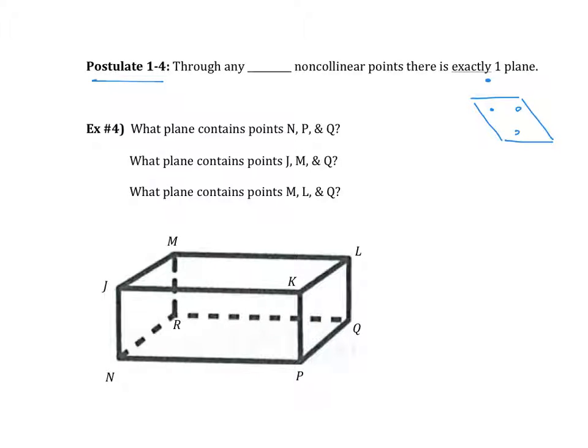So it's 3. Could it be 2? If I were to draw 2 points, is there one plane that goes through those 2 points? Let's say I put a point at my fingertip, a point at my elbow. Is there one plane that goes through those? Here, here, here, there's a whole bunch of planes that could cut through that. So it is 3. Through any 3 points that are not in a straight line, there's exactly one plane.